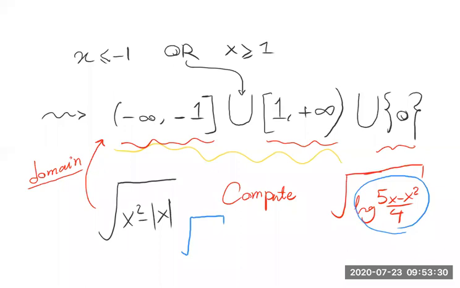So here it can't be negative. On the other hand, when we have log, this thing which we have in front of log, that number should be also positive. So here we can only have positive numbers.